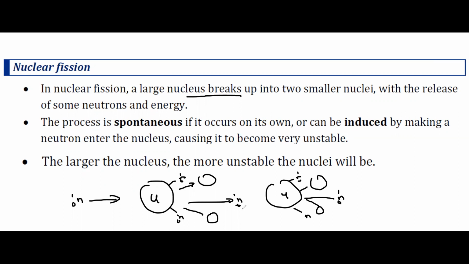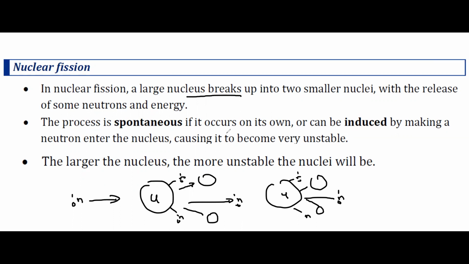We started with one and it multiplied. The process is spontaneous if it occurs on its own, and it can be induced by making a neutron enter the nucleus. So it can happen both ways: it can be spontaneous fission, or it can be induced fission.